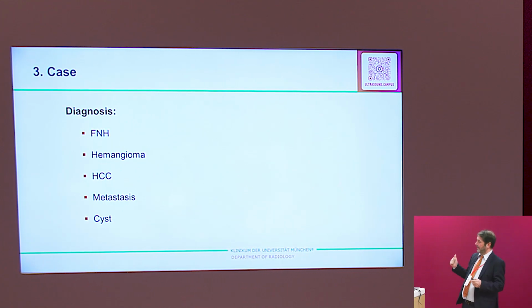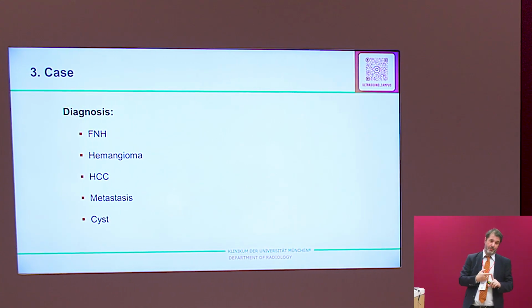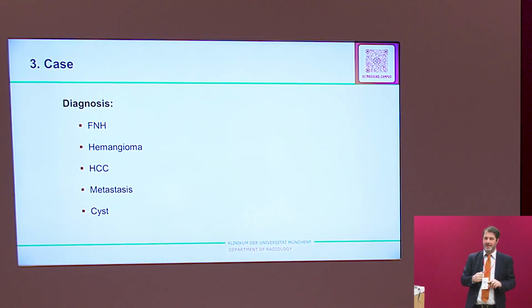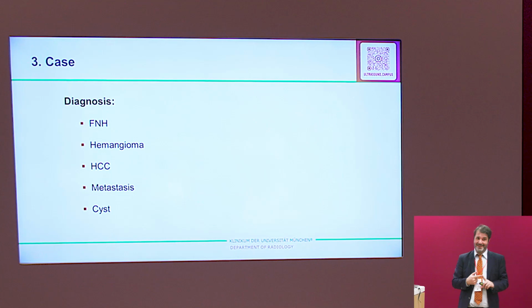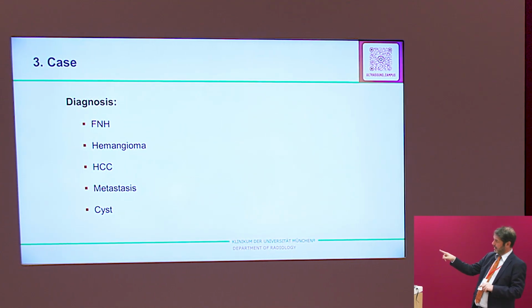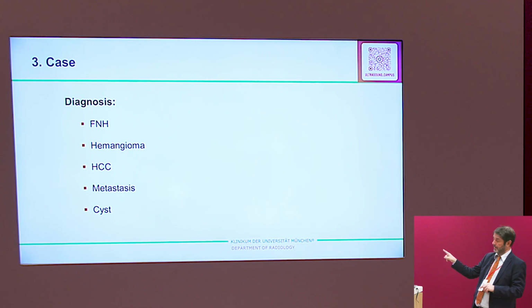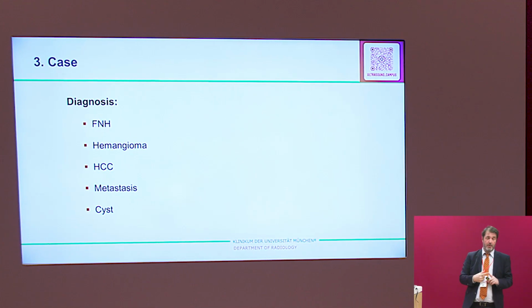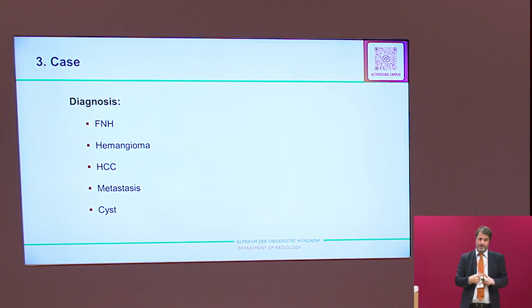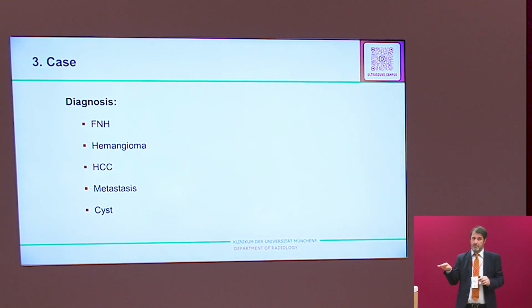So the question is, is there still contrast in this lesion or not? Yes. So it is a benign lesion. So you can exclude HCC and liver mets. There was already contrast in. A cyst has no blood supply, so you could exclude cyst.